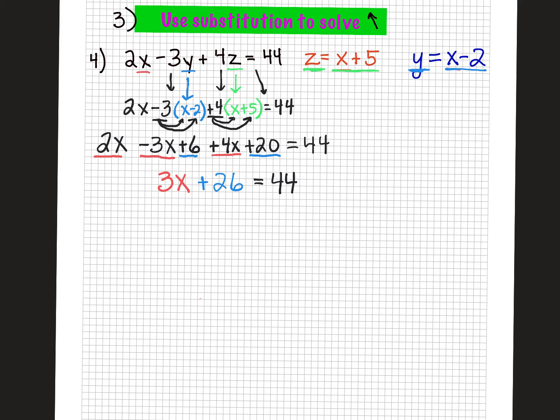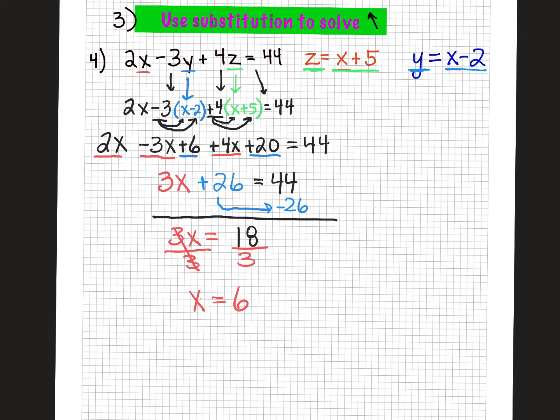All right, and keep going. I'm going to move this 26 over to the other side and make it minus 26. And I get 3x equals 18. I divide by 3. And check it out. Even though that was an equation with 3 variables, I was able to solve it, and x equals 6.